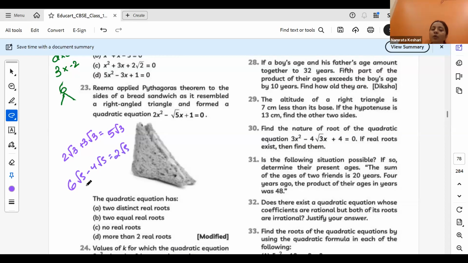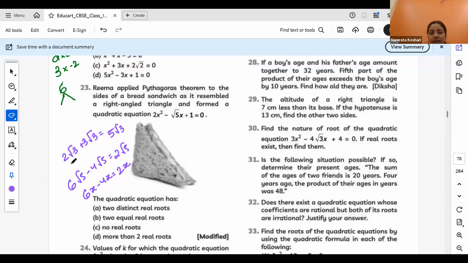We are just subtracting whole number from whole number, the way you do 6x minus 4x and quickly say it will be 2x. Similarly, 6 root 5 minus 4 root 5 is 2 root 5. You must have learned these things in class 9, in chapter 1, where you learned that these are irrational numbers, the addition, subtraction, multiplication and division of two irrational numbers.